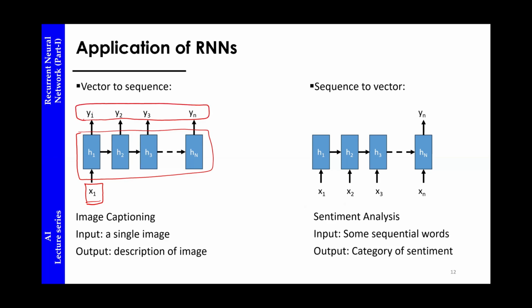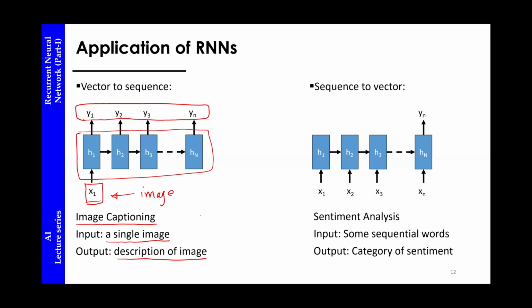An example of this configuration is image captioning. Here we introduce one image to our RNN and we get a description out of the model. The model adds a caption to the picture, describes and interprets the image for us. As you see, we introduce one single image and we get sequential data, some text about the image.